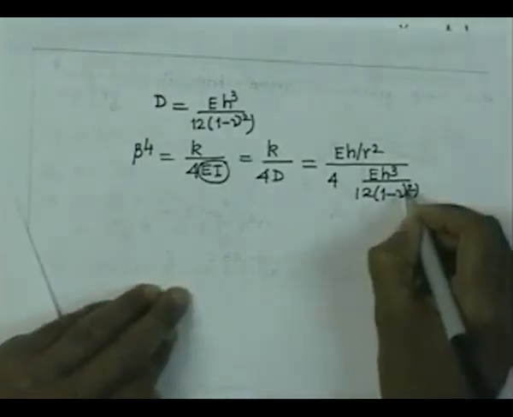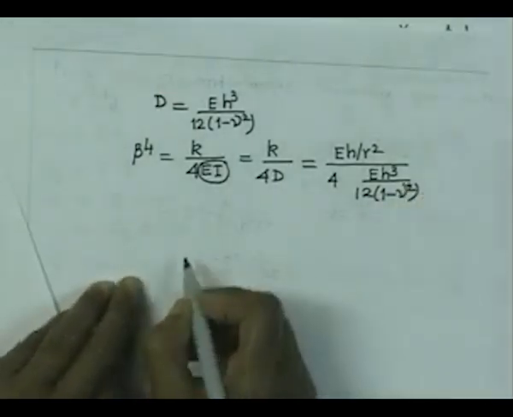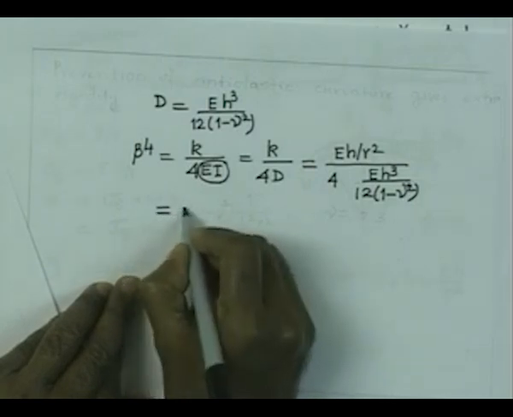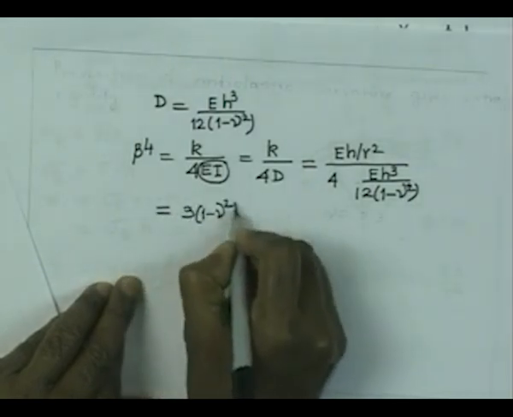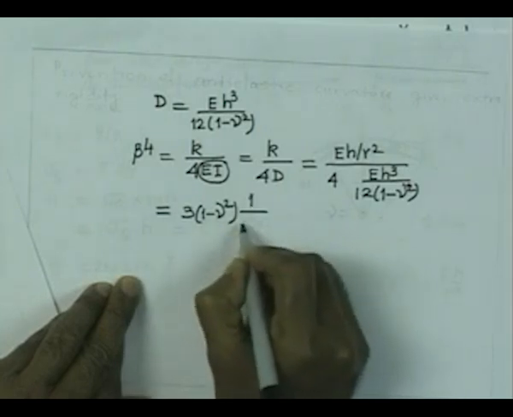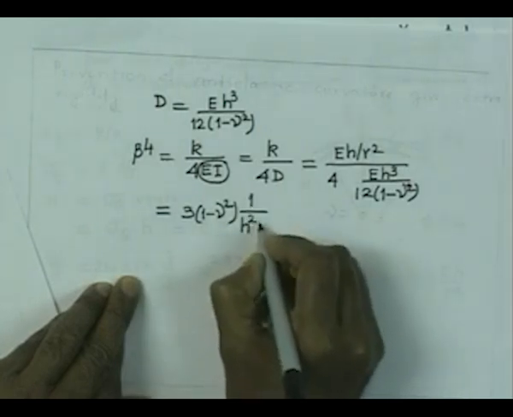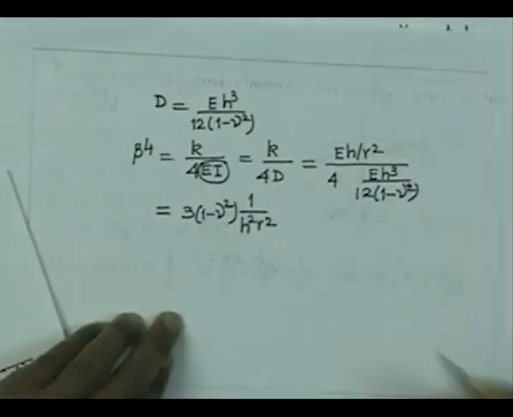So, this gives you finally 3 into 1 minus nu square into 1 by h square r square.